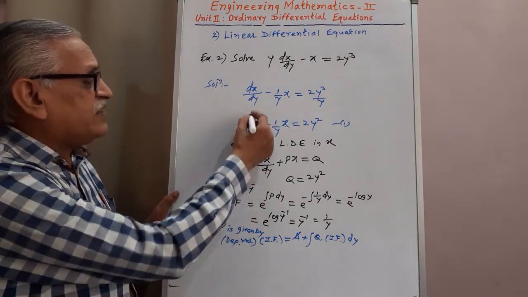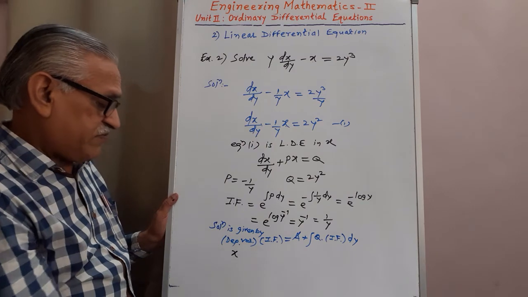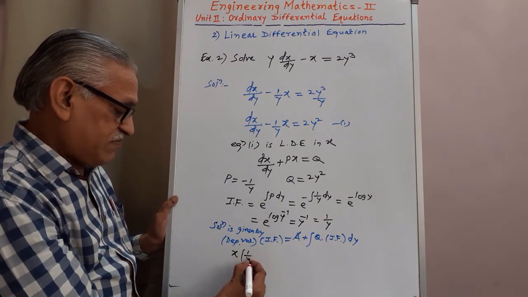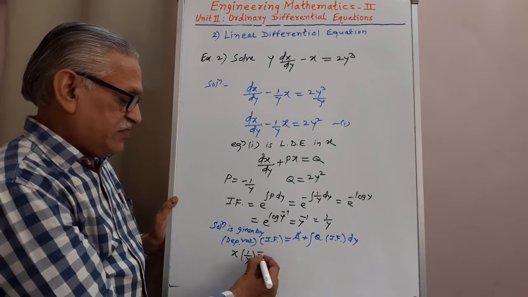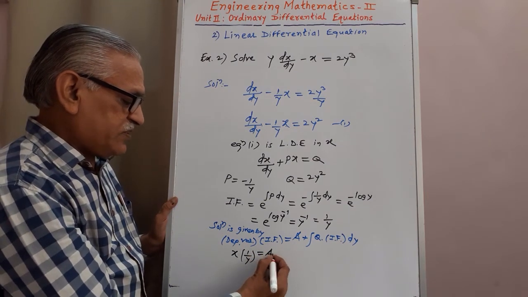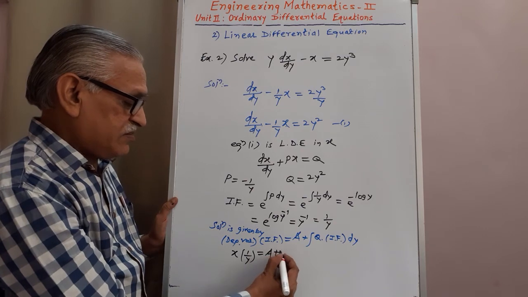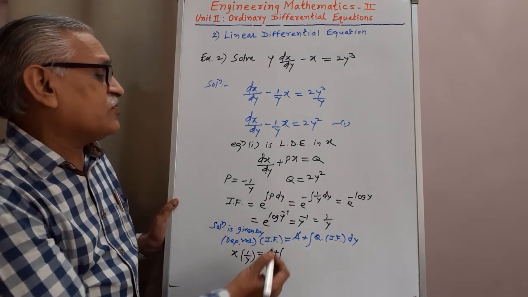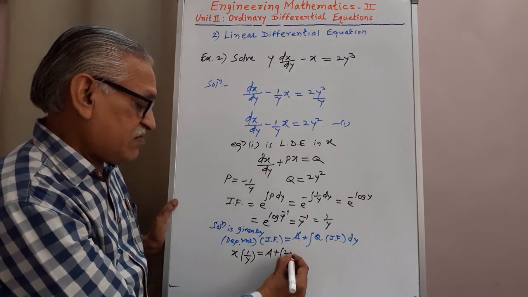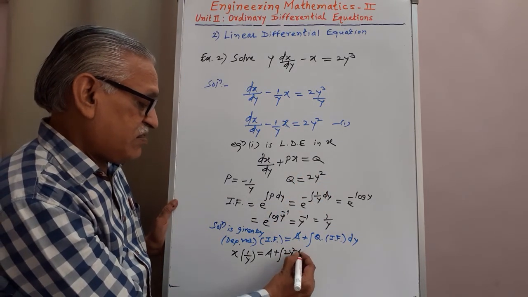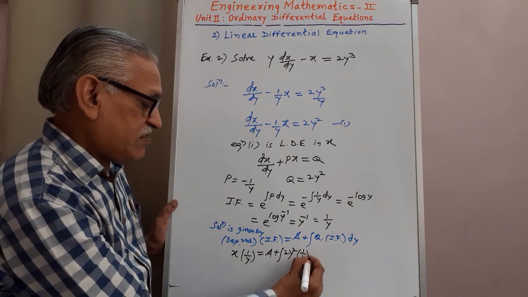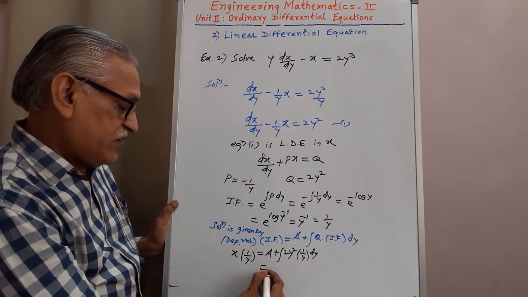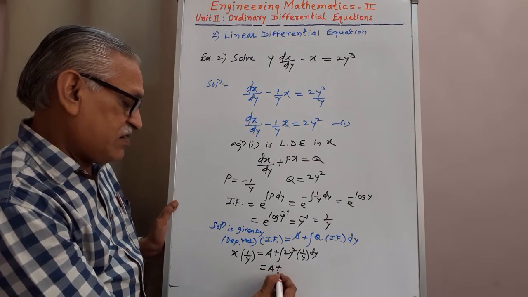Here the dependent variable is x, and the integrating factor is 1 by y, equal to the constant of integration c plus integration of Q into IF. The value of Q is 2y square into 1 by y, and its integration with respect to y.